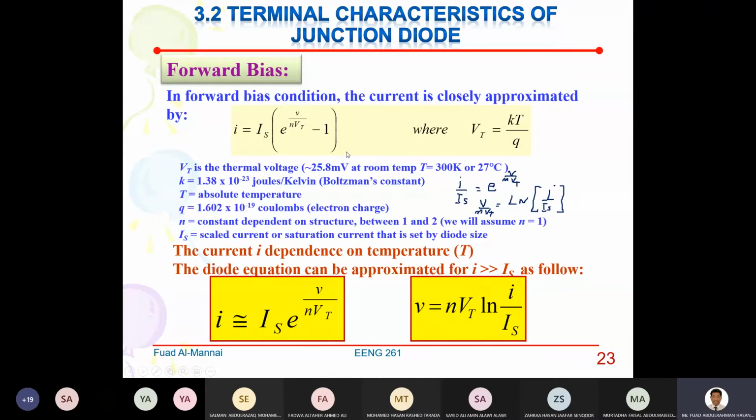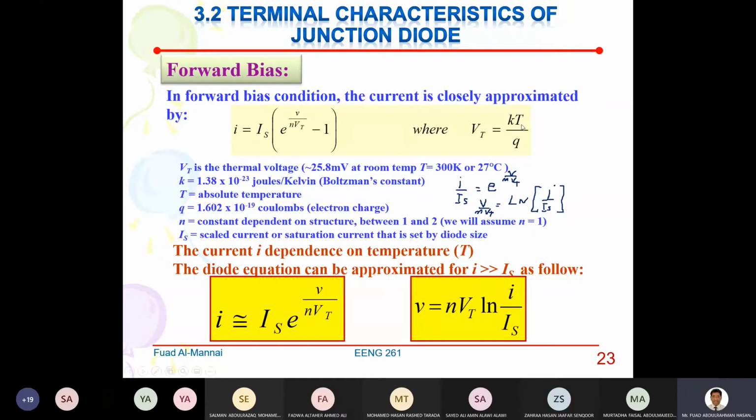Now remember that if you want to calculate VT really, it is equal to K multiplied by T over Q, where K we call the Boltzmann constant, and it is equal to 1.38 times 10 to the power minus 23.